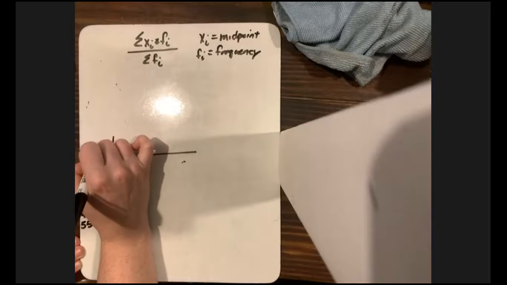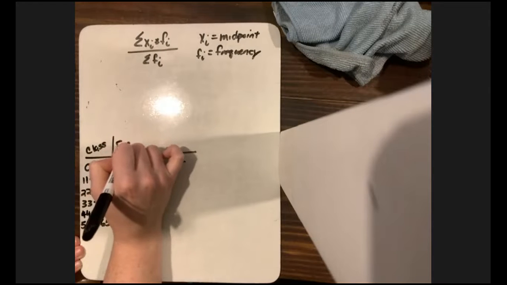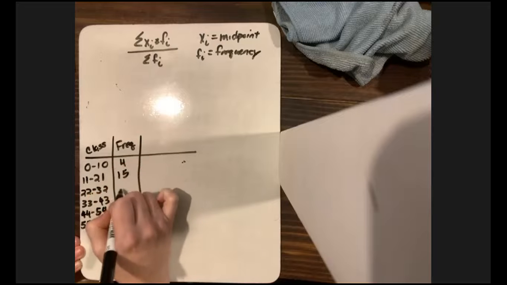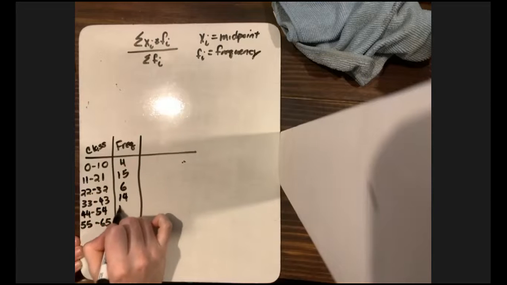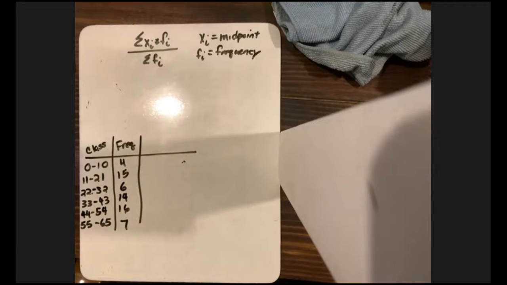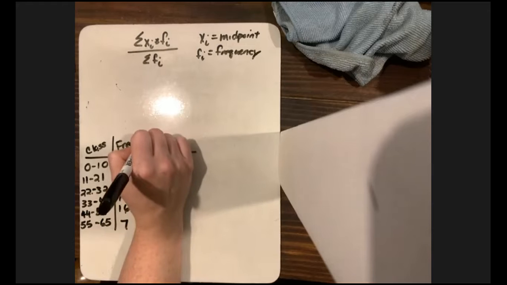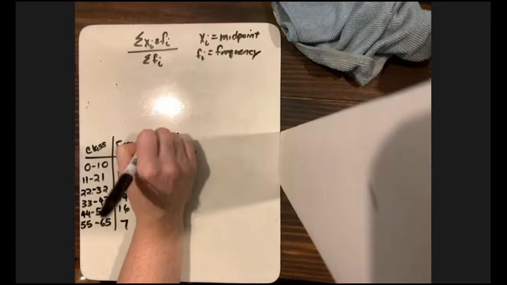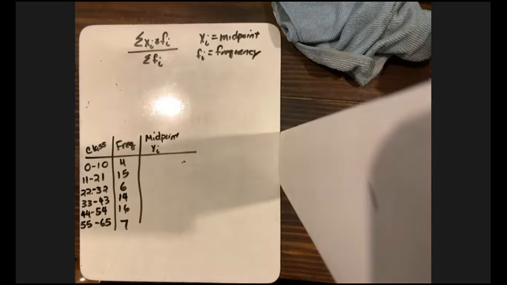Okay, so here's our class. Our frequencies are 4, 15, 6, 14, 16, and 7. The first thing we're going to do is find our midpoint, which is going to be our xi value.